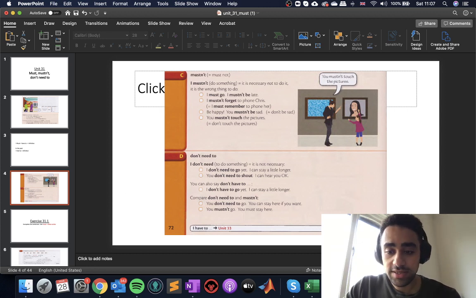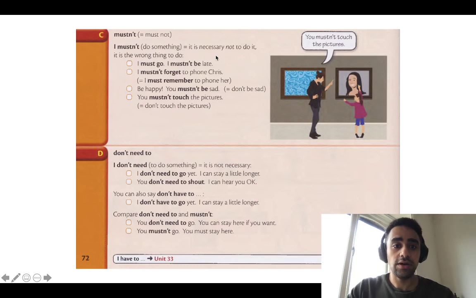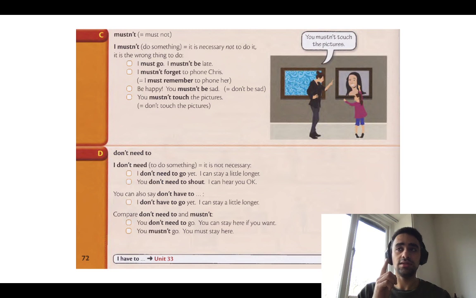If we are using mustn't, which is must not, it does not mean the opposite of must. If I say you must go out, it means you need to go out. If I say you mustn't go out, it doesn't mean you can't go out. او بالعربي لو هي بالعربي مش معناها ان لازم تعمل كده او لازم ما تعملش كده.